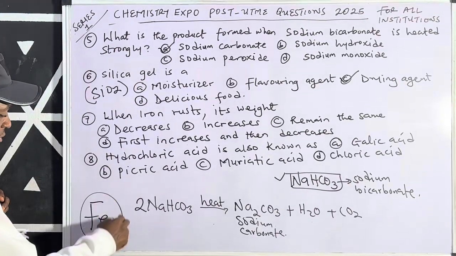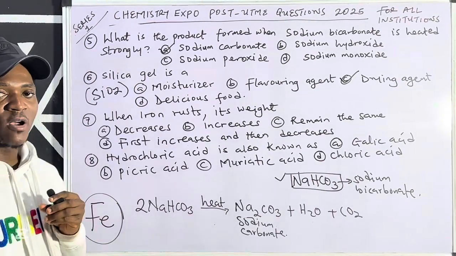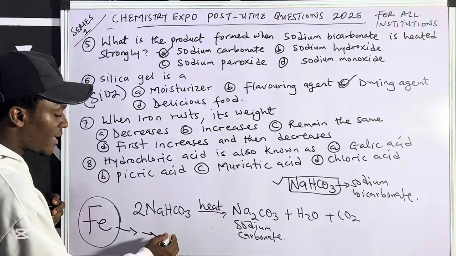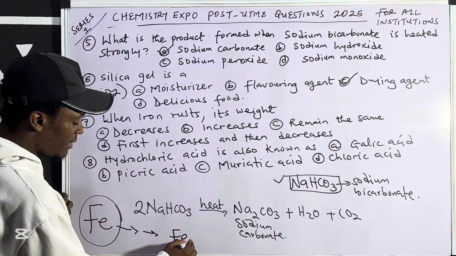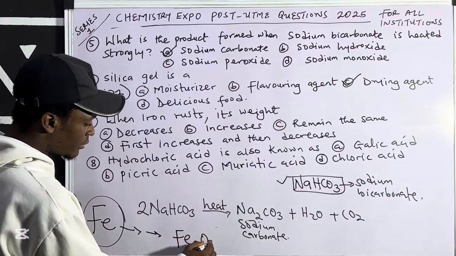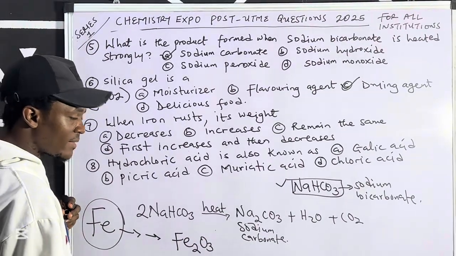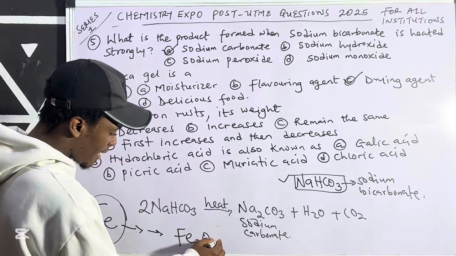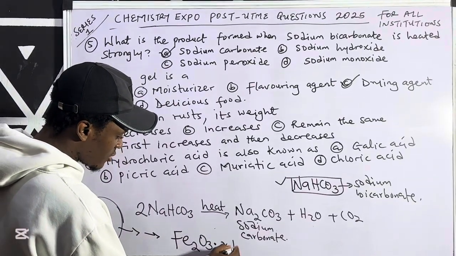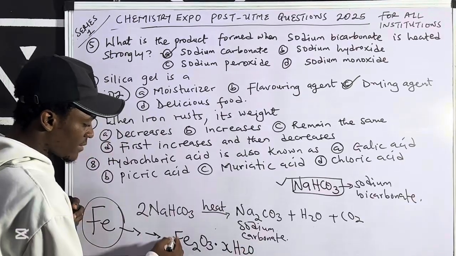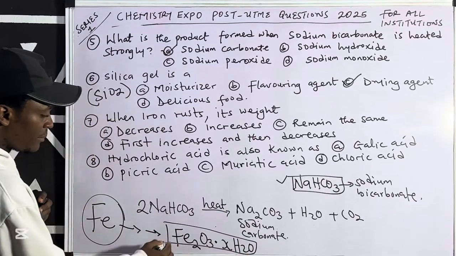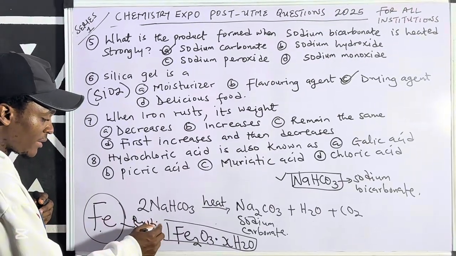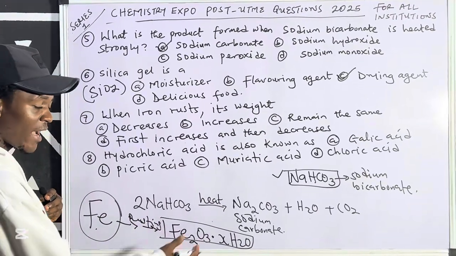If I should expose this Fe to damp or moist air, then I should have the formation of iron 3 oxide written as Fe2O3. Then since it's moist air, there must be presence of water vapor. So I can associate water of crystallization, which is unknown in this case, to it. So previously it was iron, but now after the rusting process, it has formed this, which is iron rust.